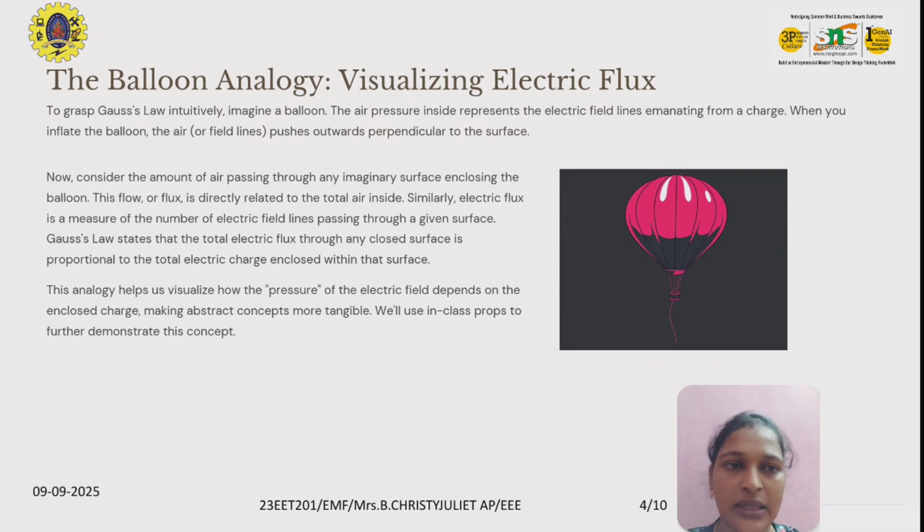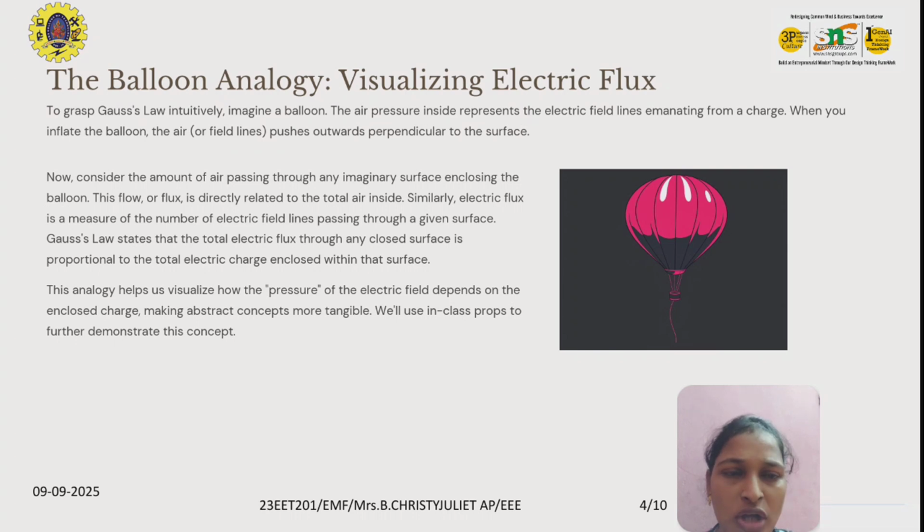Similarly, the electric flux is a measure of the number of electric field lines passing through a given surface. So when you assume a surface, a Gaussian surface, you can find the amount of electric field in that surface by calculating the number of flux lines through it.